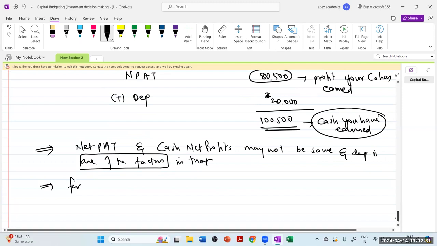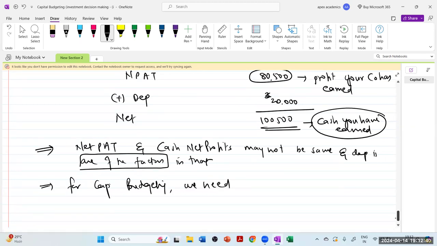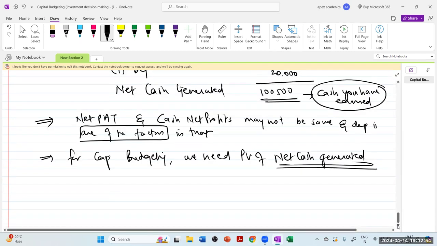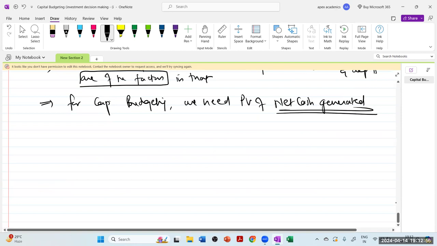For capital budgeting, we need present value of net cash generated. Please keep that much in mind. What do we need? We need present value of net cash generated. So, what is it that you are going to require?